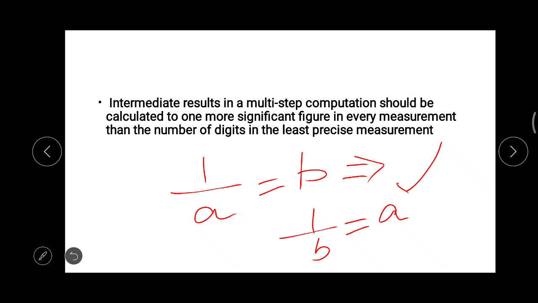One example given in the textbook is the reciprocal of 9.58, that is 1 divided by 9.58. As per the significant figure number value, 9.58 has 3 significant figures, so the resultant value should also have 3 significant figures.